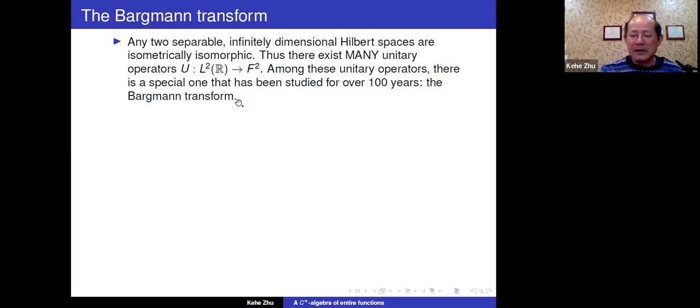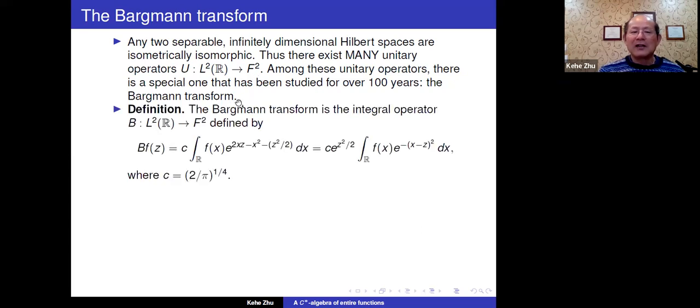plane. Okay, and you can actually write down the definition of the Bergman transform. It is a certain integral operator. If you have an L2 function on the real line, little f(x), using this integral, you define a certain entire function. So the z appears inside the kernel over here, and what you get is an entire function.